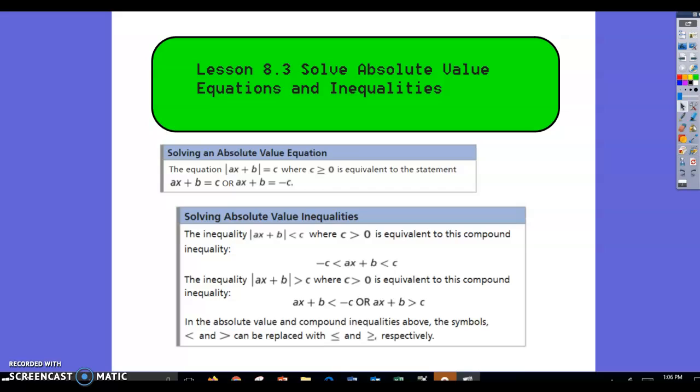With inequalities, if it says less than c, you're going to have a compound inequality where the expression is between negative c and c. If it's greater than c, then you're going to have an or statement: less than negative c or greater than c. These also can be replaced with less than or equal to or greater than or equal to.